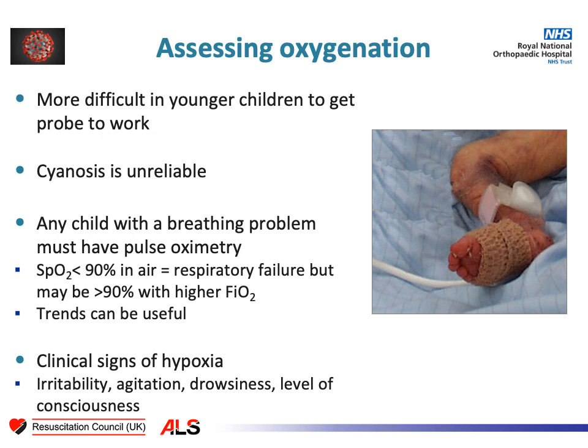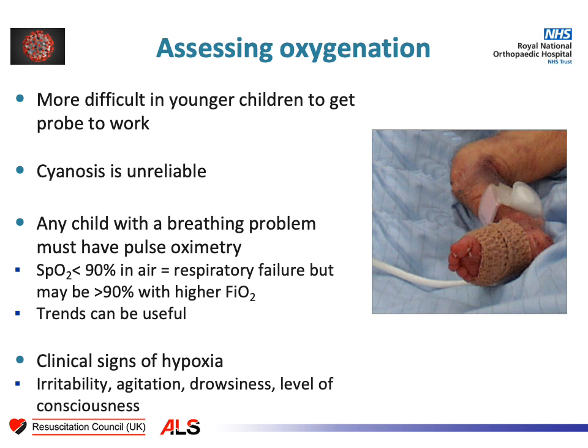Saturations of less than 92% in air are worrying, and less than 90% in air indicates respiratory failure, but be aware that the child may be on oxygen, so it is important to check what oxygen is being administered to give what level of oxygen saturation. As with respiratory rate and heart rate, looking at the trend is always a good idea.